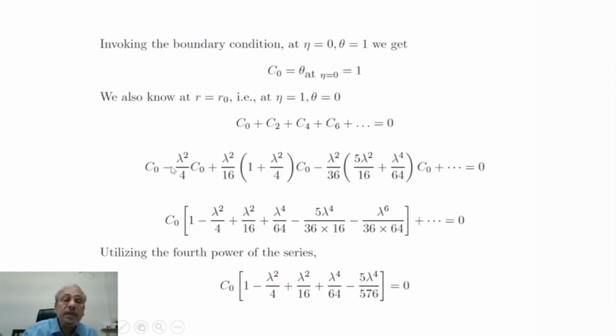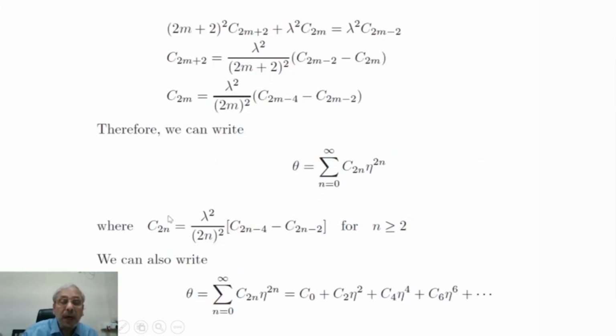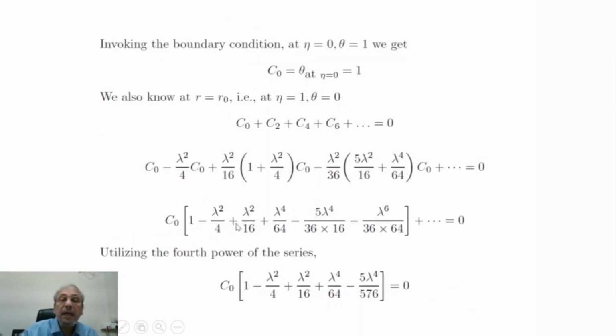So we write c2, c4, c6 from this general expression, and we get c naught into minus lambda square by 4 c naught plus lambda square by 16 into 1 plus lambda square by 4 c naught, lambda square by 36, 5 lambda square by 16 plus lambda 4 by 64 into c naught, and so forth, equal to 0.